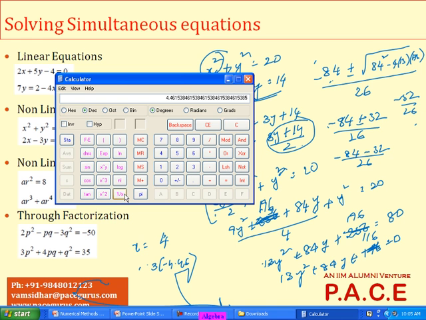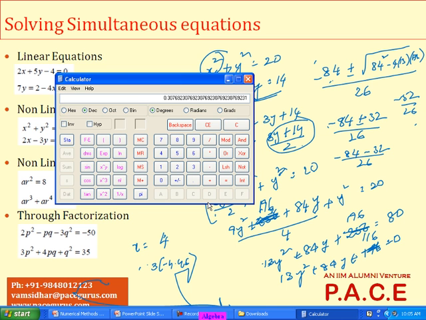So this is the number. So I put a minus to it. Minus 4.46 into 3. This is what I get. Plus 14. This is what I get. Divided by 2. So the other number happens to be 0.30.